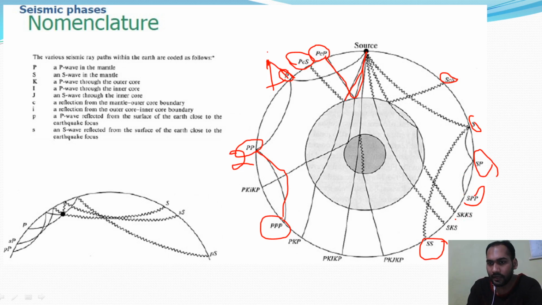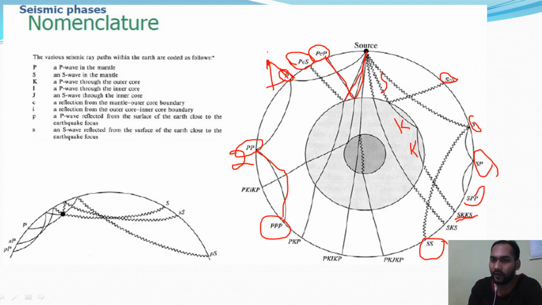You can see this is SKKS. That means what? This is S wave traveling in the mantle. Then it enters the outer core. I have told you that the S cannot travel in the outer core as S. It will be converted to P. So the name is K. Then again it is reflected from mantle outer core boundary and it is traveling in the outer core.